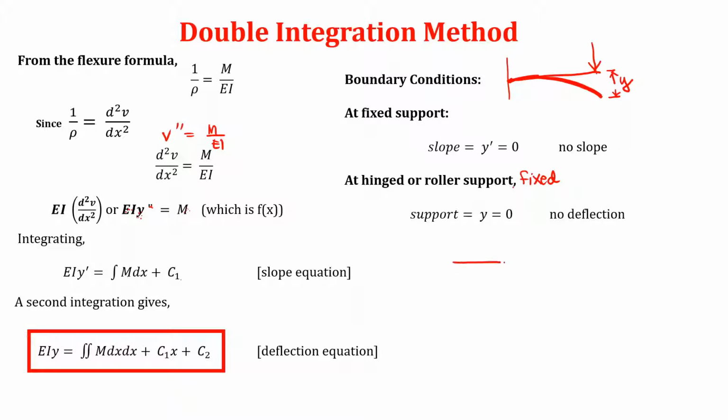For example, this one. The usual behavior of a beam with a concentrated load P is that it will smile. So here is where the deflection is greatest. We call that y. Around this point there is no deflection, because both points are supported. So that is what it means: at a hinge or roller support or fixed support, there is no deflection.